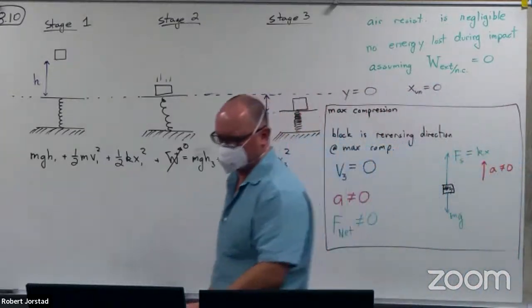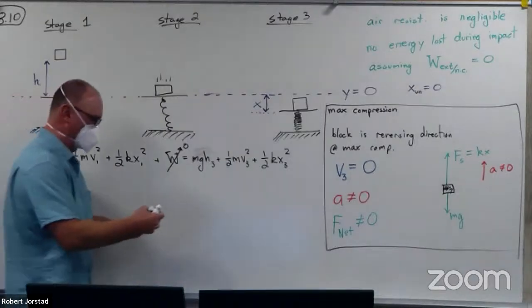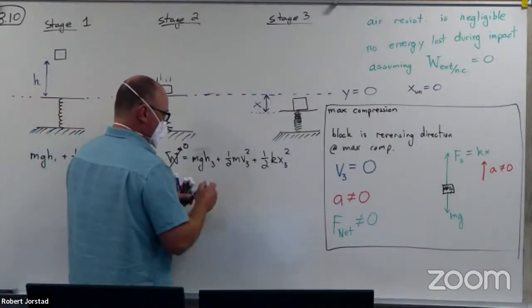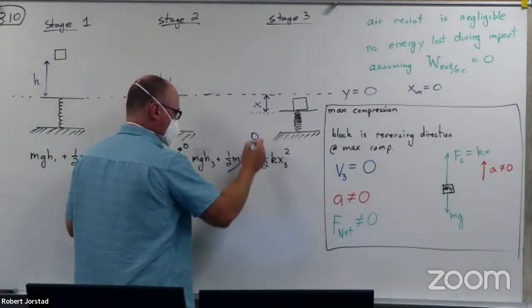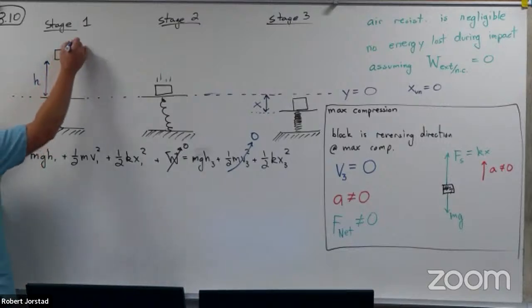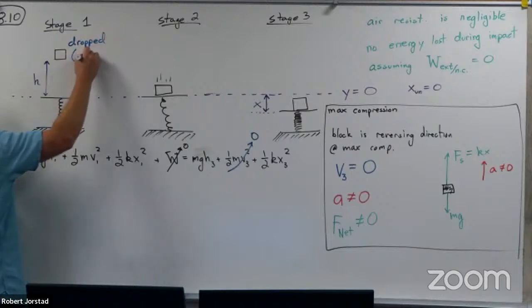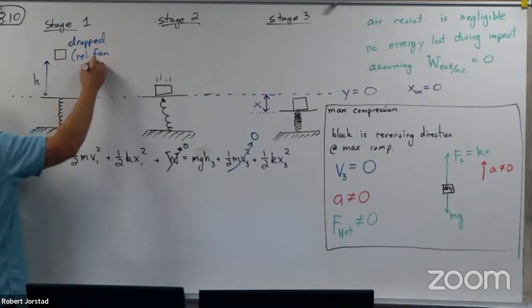The next thing that we always do, plug in stuff that's zero. Tell me anything that is zero in stage one. V3. Okay, V3 is zero. All right, I'll go with that. Give me something else that's zero. V1. Oh yeah, was it released from rest here? So it was dropped, AKA released from rest.